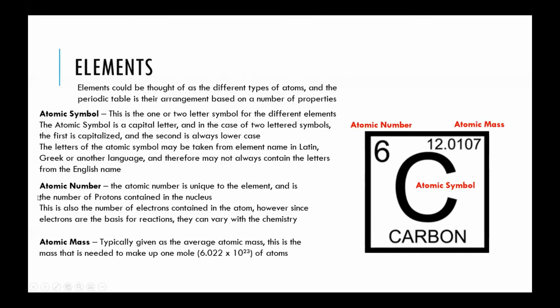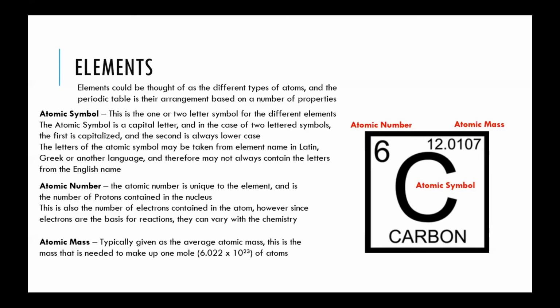The atomic number is the numbering scale for the periodic table: 1, 2, 3, 4, 5. As I had mentioned, any element with 1 proton is hydrogen. This is the atomic number of hydrogen.